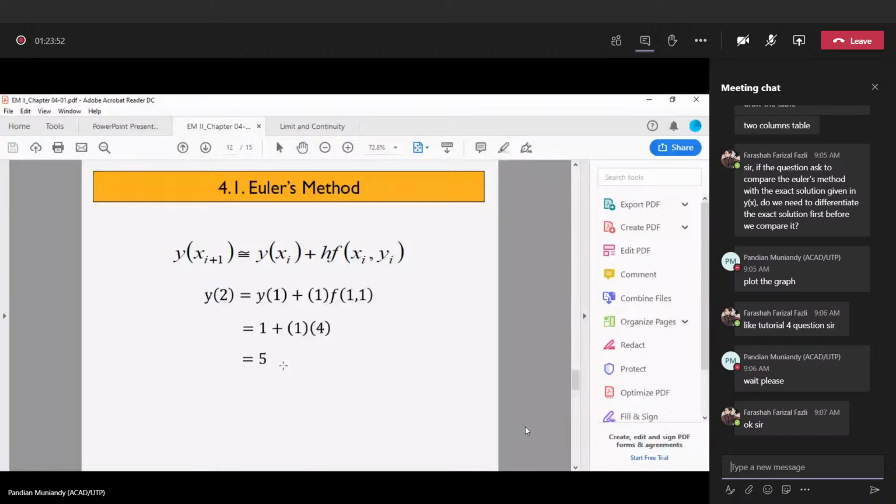Now the exact method, you calculate now. y equals 4 over 3, x is 2. So 2 to the power 3 is 8, 8 multiplied by 4 is 32, divided by 3, minus 1 over 3. So your y is 31 over 3. That is 10 1/3. So now you can calculate the error.